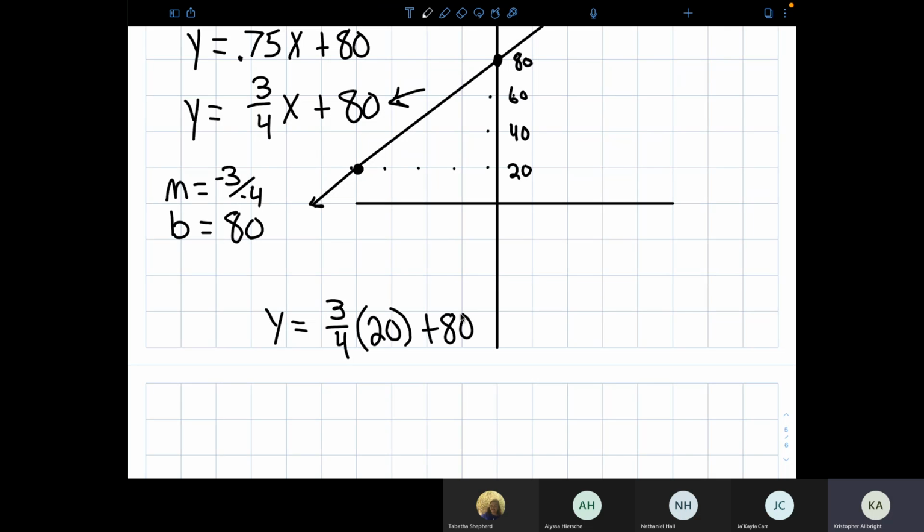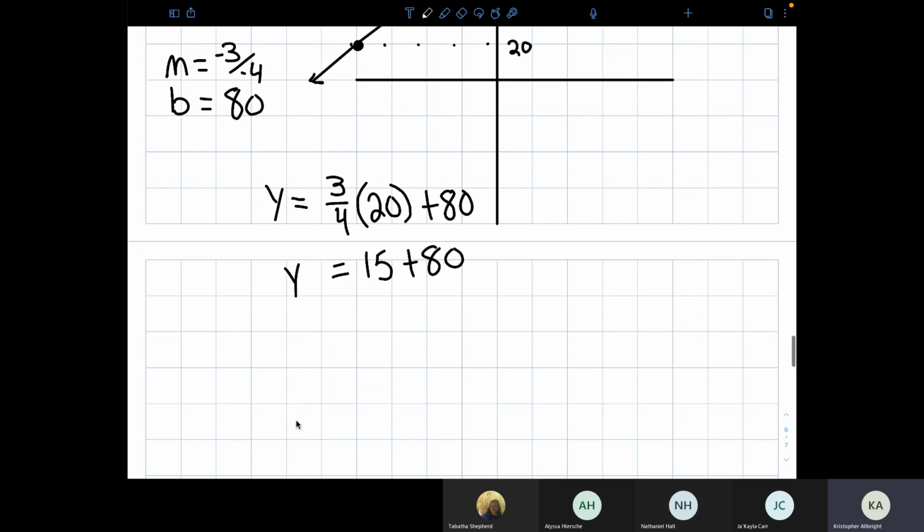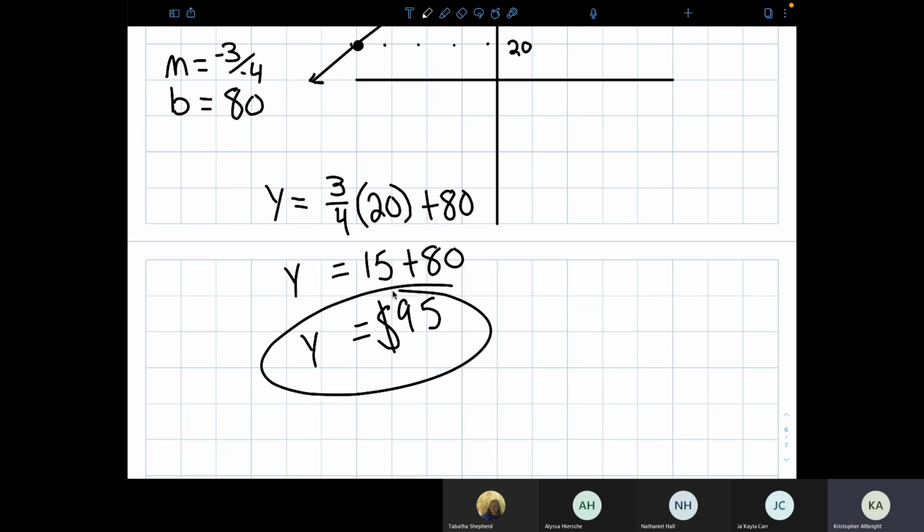So 3/4 of 20 is 15. Your calculator will tell you that. I just kind of know it off the top of my head. Plus 80 equals y. So 15 plus 80 is going to give us 95 equals y. So $95 is how much it would cost us to drive 20 miles.